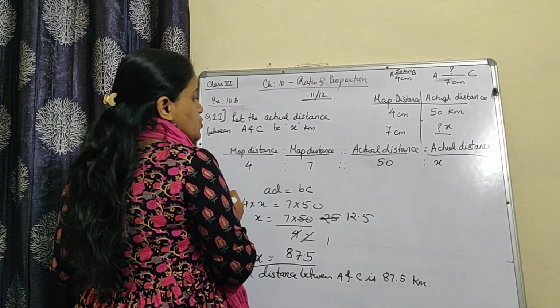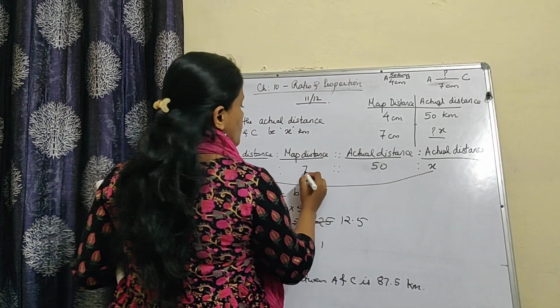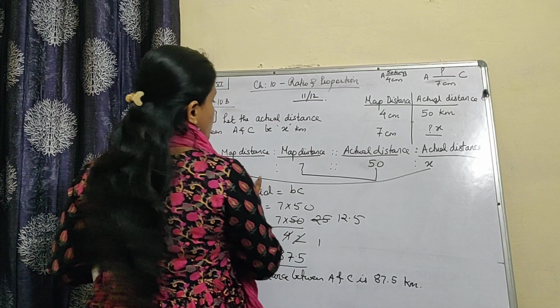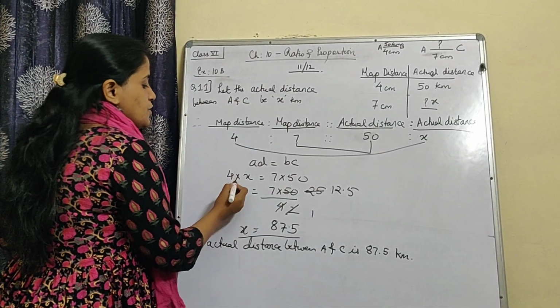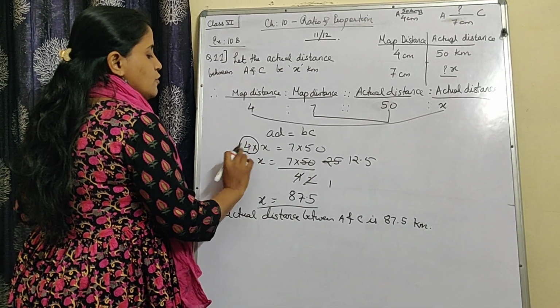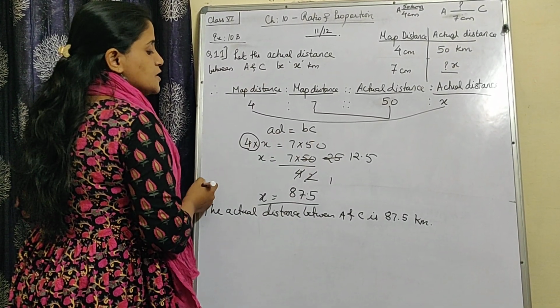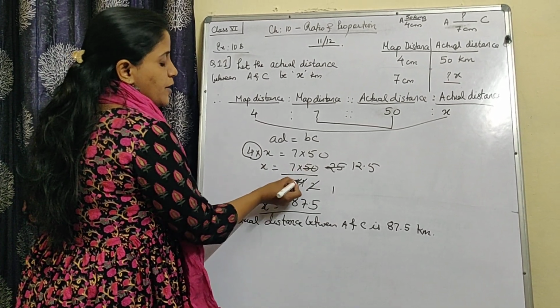So in proportion, what happens? Product of extremes is equal to product of means. So 4 into x is equal to 7 into 50. The 4 multiplied with x will go to the other side. We are going to transpose. It will become upon 4. So x equals 7 into 50 upon 4.